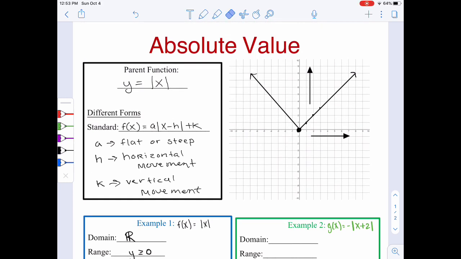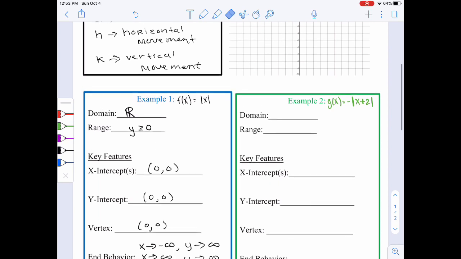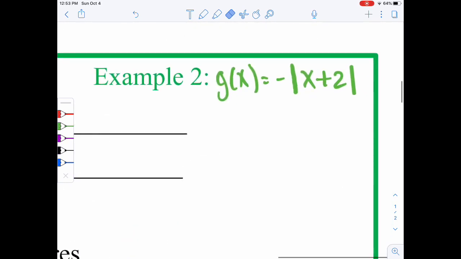Let's take a look at another example. In this example, there are a couple things that are different. Here, my a is equal to -1, and I have a transformation. When I see x plus 2, that means I'm going to move left 2.